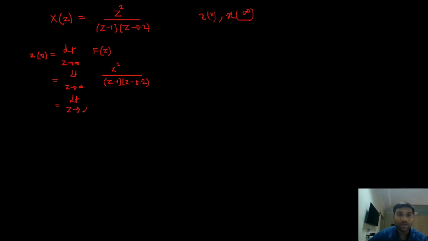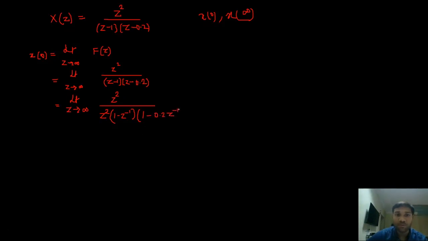z tends to infinity. My numerator is z square. My denominator is, if I take z square common, what do I get? I'll take z from the first term, that is 1 minus z inverse, and from the second term also I'll take z common. That means I'll get 1 minus 0.2 z inverse, right?